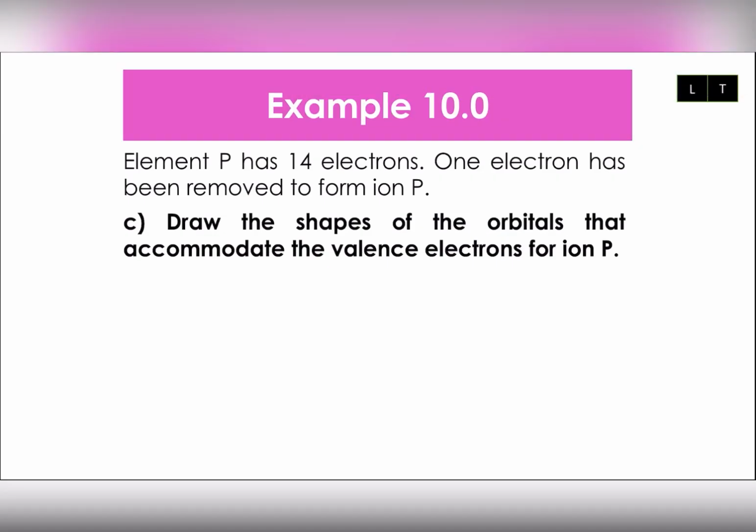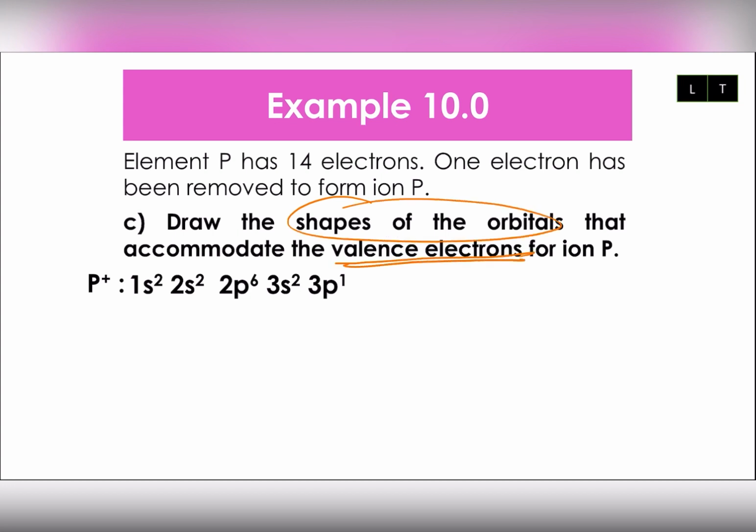Last question, it asks you to draw the shapes of orbital that accommodate the valence electrons for ion P. So let's go to its electronic configuration. We know that this is the electronic configuration in SPDF notation for ion P. Now you need to draw the shapes of orbitals based on valence electrons.